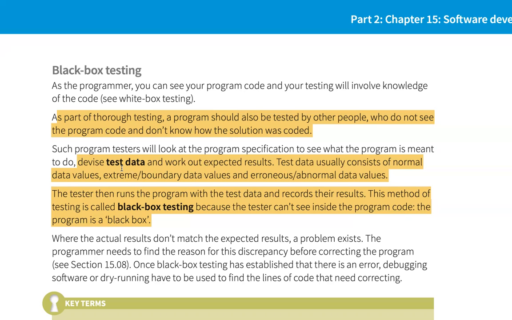It should highlight whether or not your software is working properly under normal conditions, whether or not it's working properly under extreme conditions, and most importantly, whether or not it generates the expected errors under erroneous or abnormal values. So based on these expectations, our test data also has to be of this type.